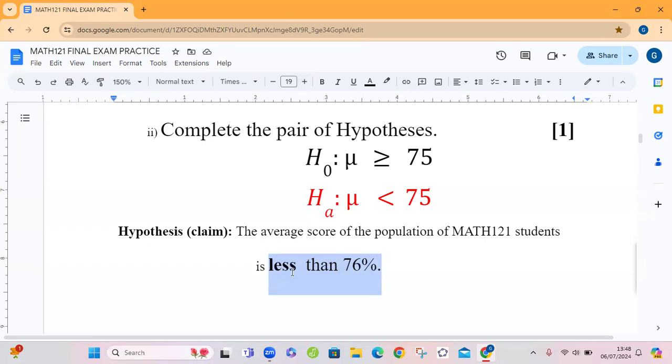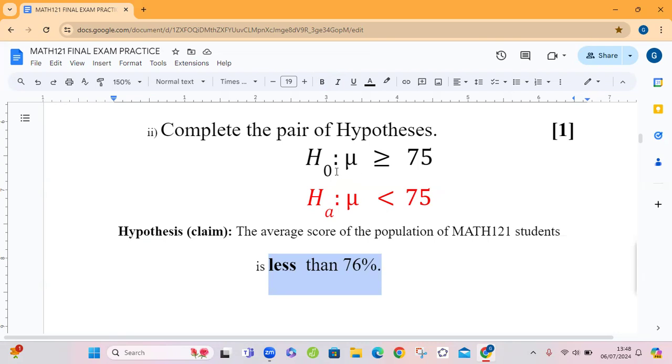Here's the symbol for less than, and because less than does not carry the equal sign, this is an alternative hypothesis. So here is the translation. Alternative hypothesis: the population mean is less than 75.